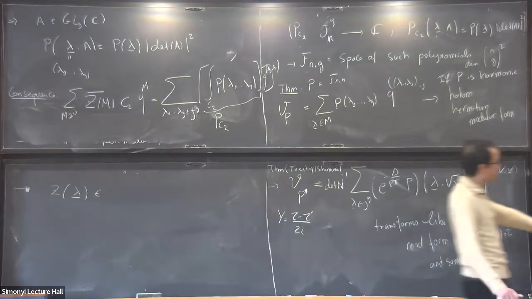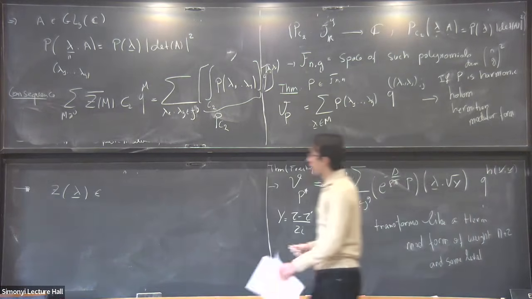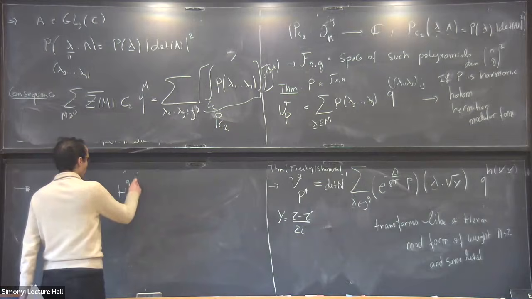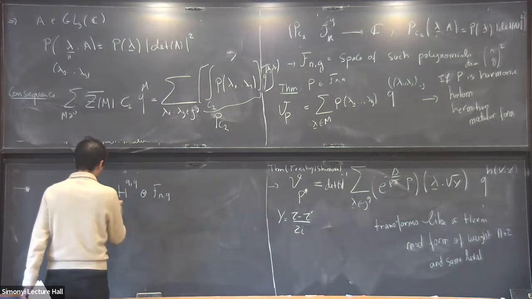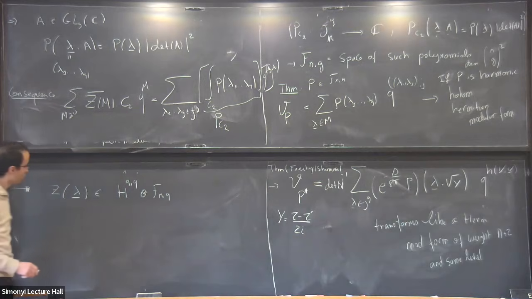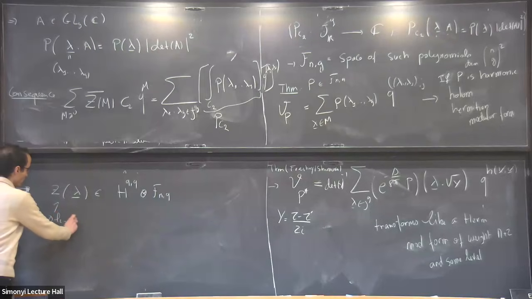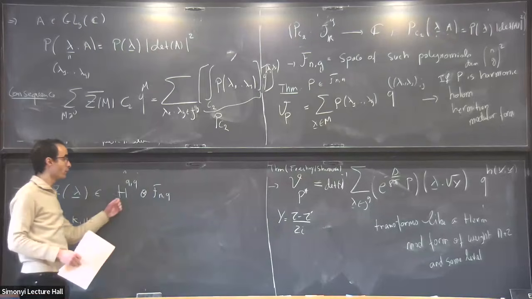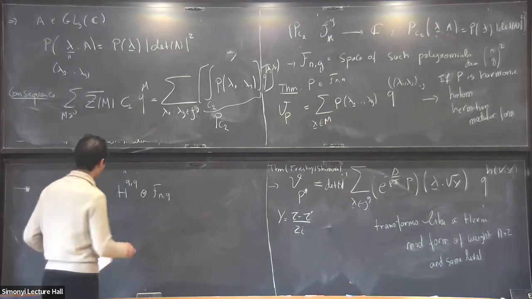this is a map from the homology to the space of polynomials. If I write it in another way, it's a map from H, the cohomology, tensor with F and G. And the fact that this map is an SL2 representation says that the Z lambda bar is in fact killed by the SL2 action. Which basically means that whether you apply SL2 on this side or on that side, you get the same thing.